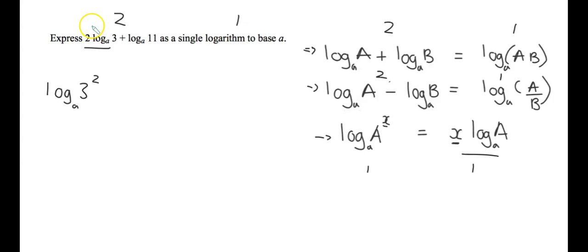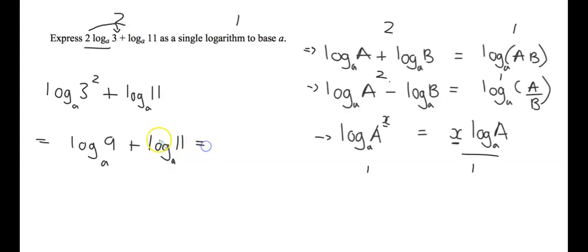So this bit here, we're simply taking that 2 up the top, and then the other log is still log of 11 to base a, and then we can simplify this to log of 9 to base a plus log of 11 to base a, and then that means using this first rule we can essentially combine them as 1 log now, and we do that by timesing the 9 and the 11 together, so that will give us log of 99 to base a.